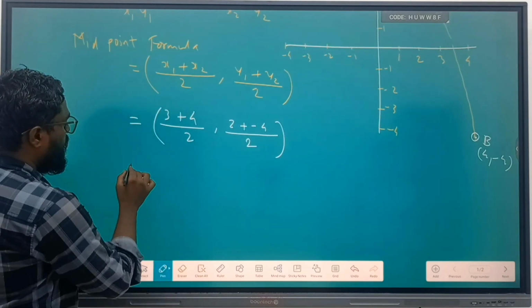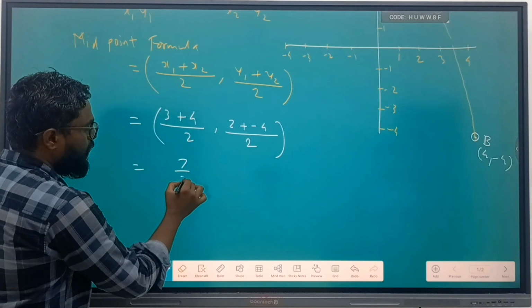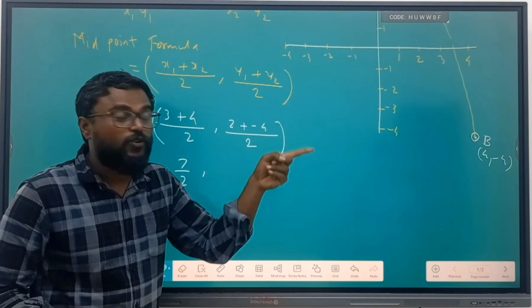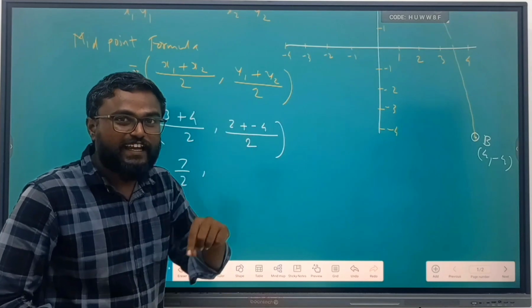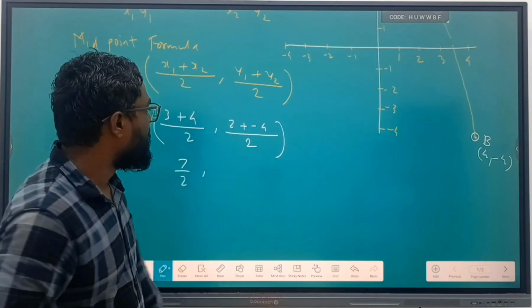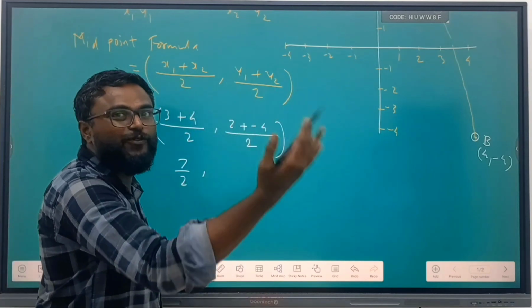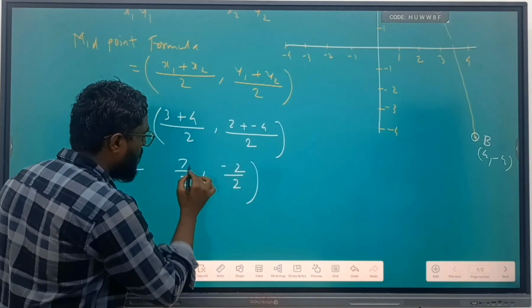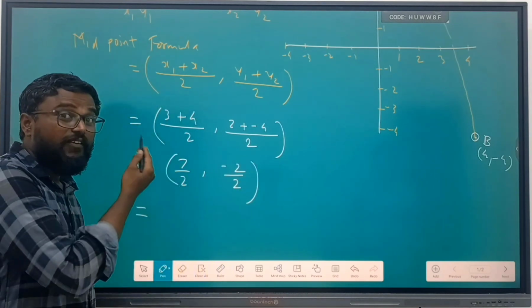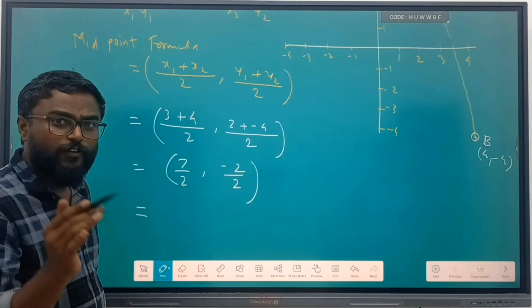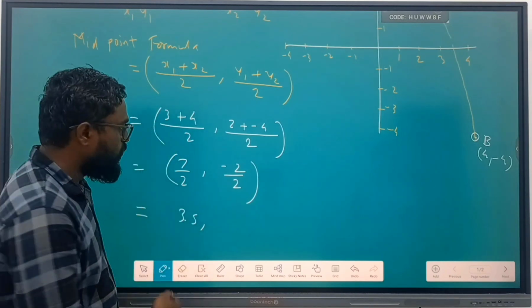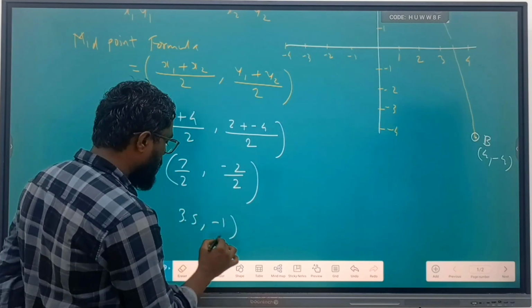Now, guys, we are going to solve it further. 3 plus 4 is 7 over 2, comma, 2 plus -4. Plus times negative becomes negative. So 2 minus 4 is -2 over 2. What do you get? 7 divided by 2 is 3.5, comma, -2 over 2 is -1.